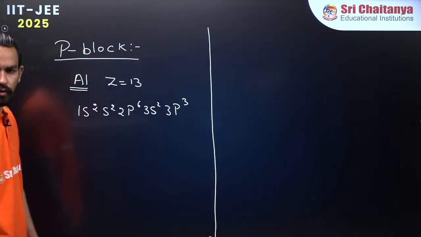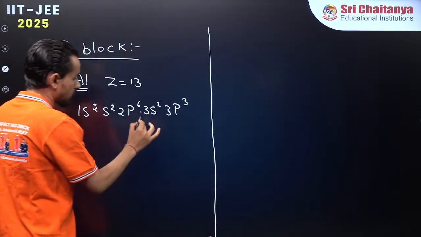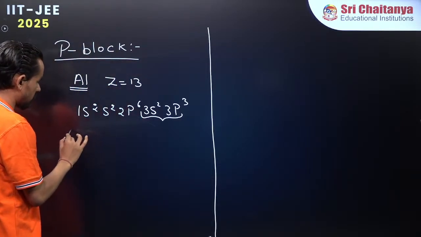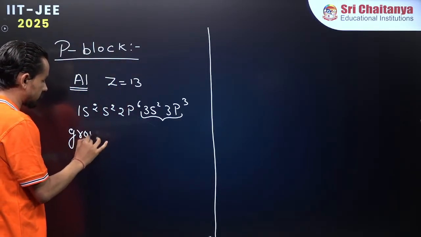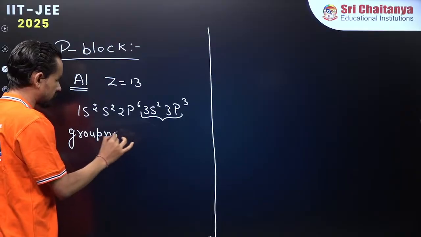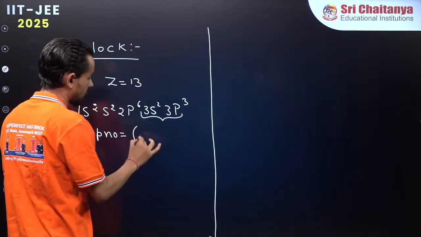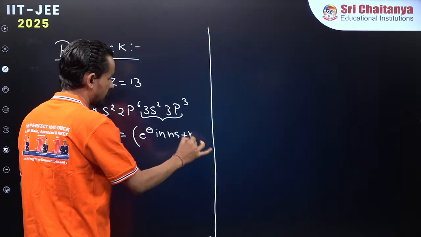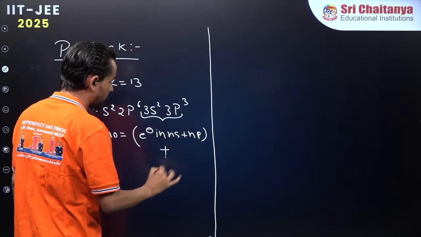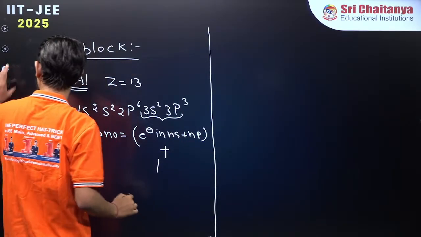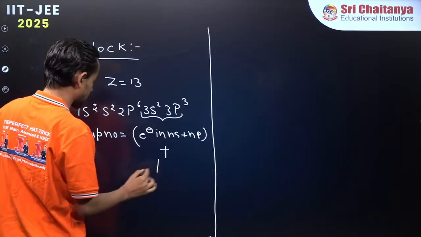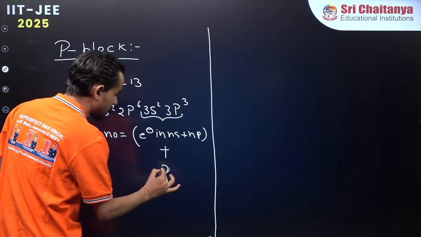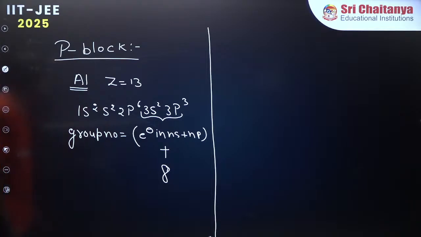What you have to do is take electrons in ns plus np, that is 3s plus 3p, and plus 8. This is the formula.